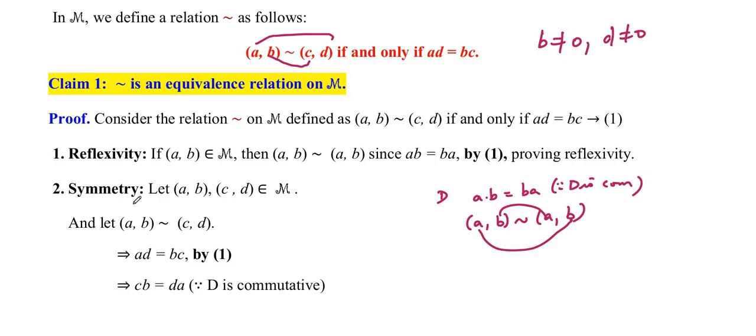Now symmetry, for which you need two elements, say ordered pairs (a, b) and (c, d) from script M. We shall assume that (a, b) is related to (c, d), which means ad equal to bc. That is by 1, that is how the relation is defined. Now because D is commutative, you can rewrite bc as cb and ad as da.